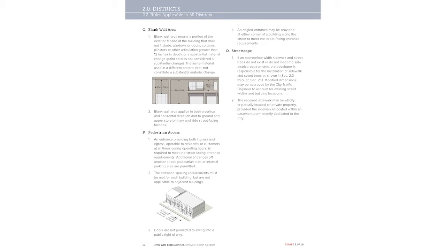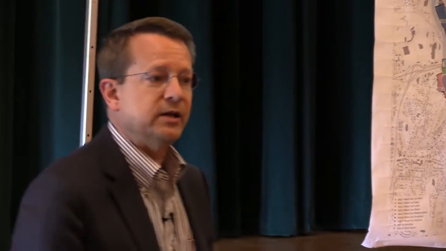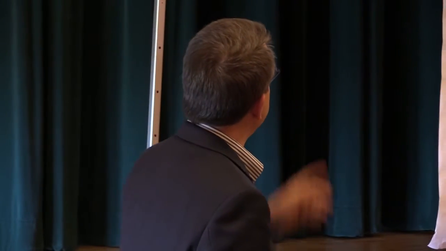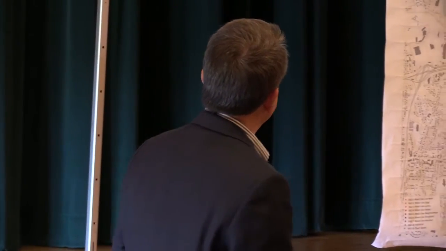Blank wall area, which is the opposite of transparency. We want to have, in a truly shopping area, an experience where the glass is distributed along the shop front, not all on one end and then a long blank wall, because people don't like walking past blank walls. So we try to keep down the width of the blank wall section because of that.